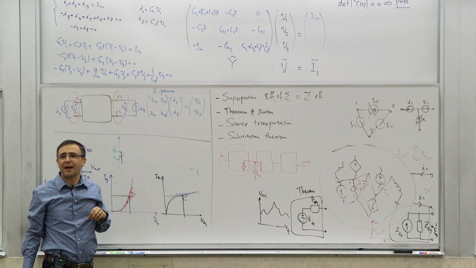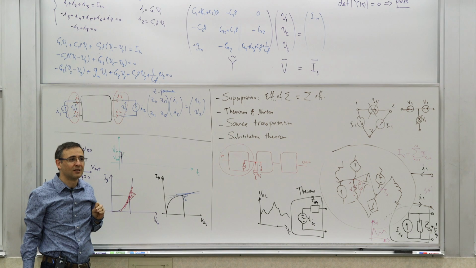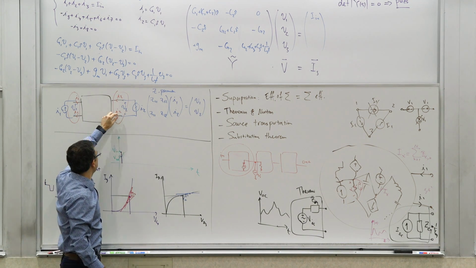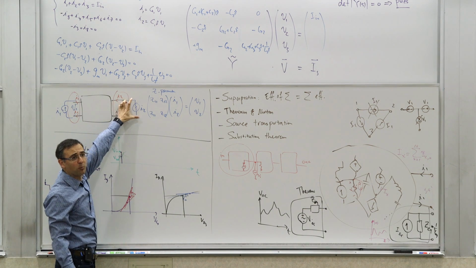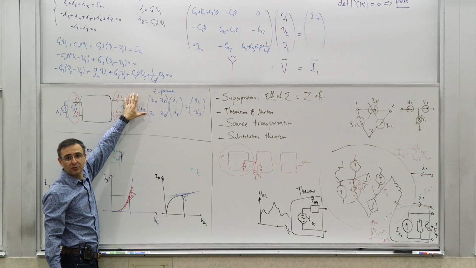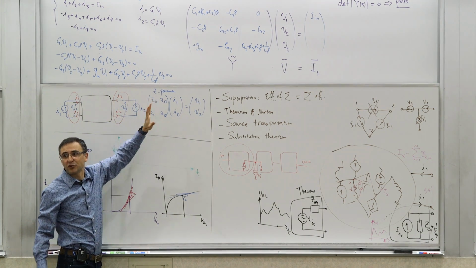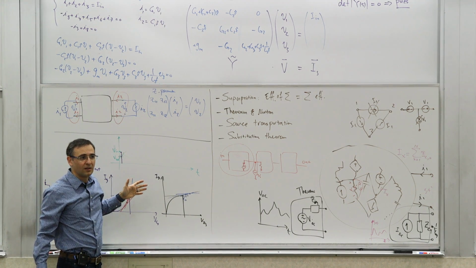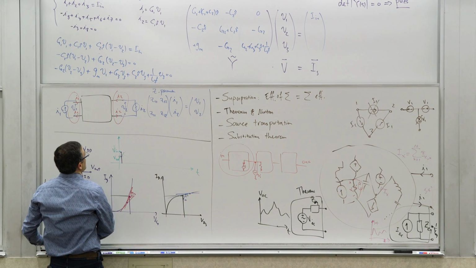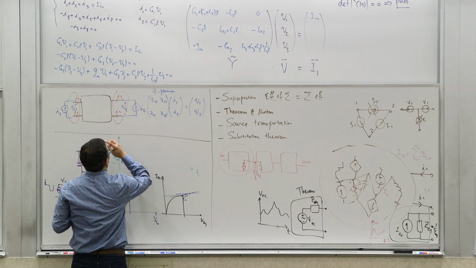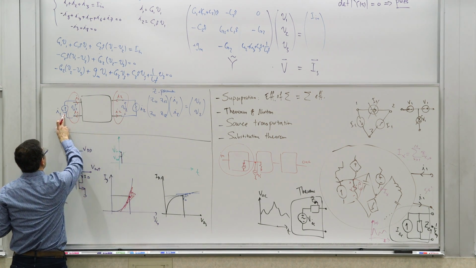You set I2 to 0, and how do you do that? What happens when you set a current source to 0? Open circuit. So it's the ratio of this voltage to this current when the output is open. So you open this from a practical physical perspective, and you measure that. That's how you measure Z parameters. Now you can imagine there's a set of Y parameters, right? What are the Y parameters like? Well, that's if your stimuli are voltages.